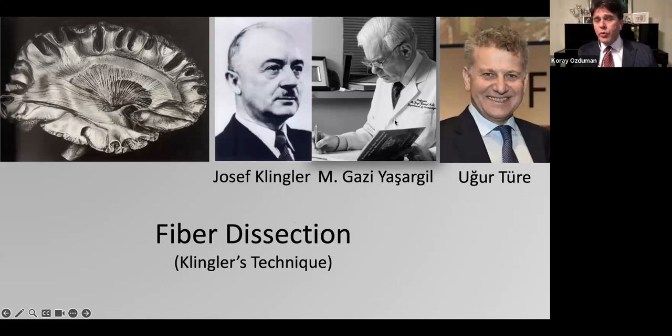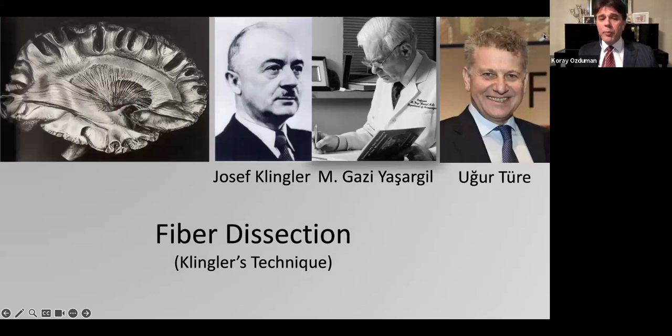Professor Yasargil, who was one of the pioneers of neurosurgery, who brought the microscope to the operating room, quickly realized that this was very, very important, and himself started working on the subject. And his pupil, Professor Türe, popularized this once again as a neurosurgical technique for understanding of microanatomy.